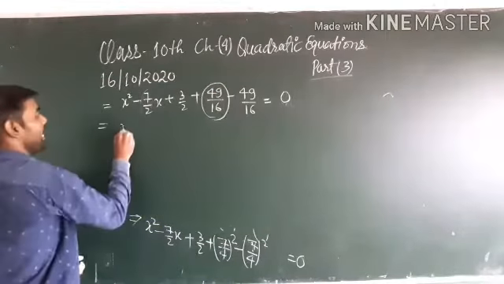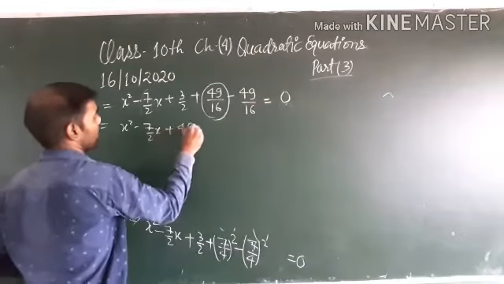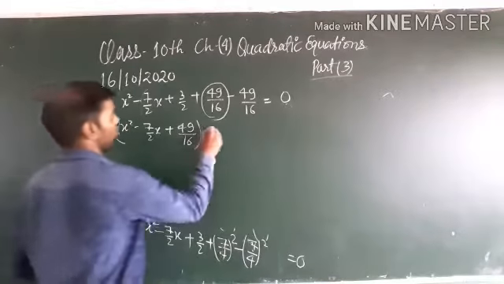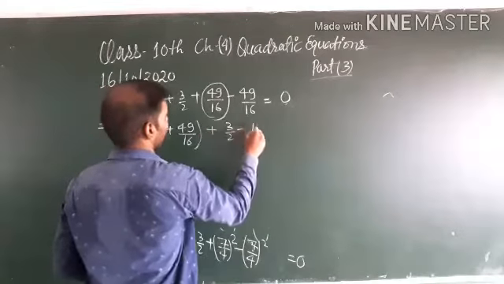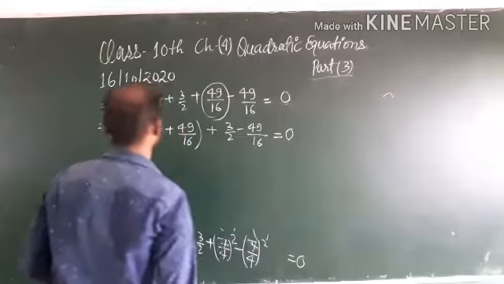So we can write x square minus 7 by 2x plus 49 upon 16, and the remaining part together plus 3 by 2 minus 49 upon 16 is equal to 0.